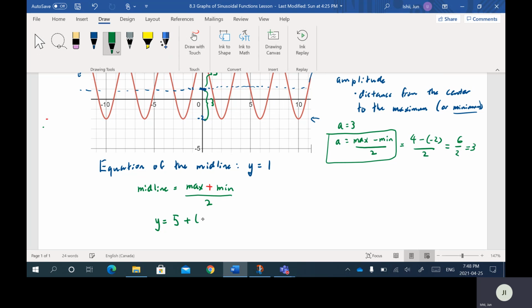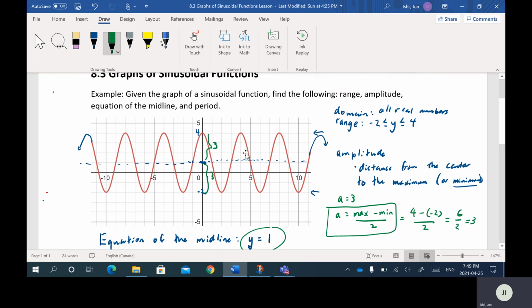If I add the minimum value, which is -2, and then divide by 2, 4 plus -2 divided by 2 is the same as 4 minus 2 over 2, which is 2 over 2, which is 1. You'll see that that is what we got when we just counted to find the middle. So that's the midline, y equals 1.